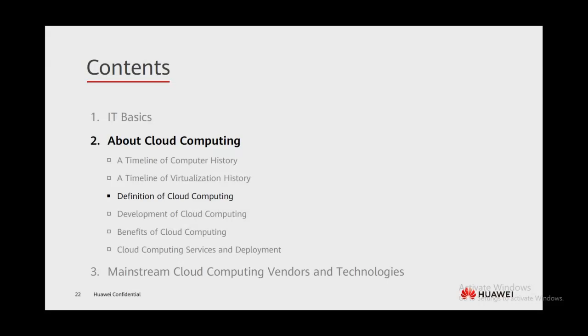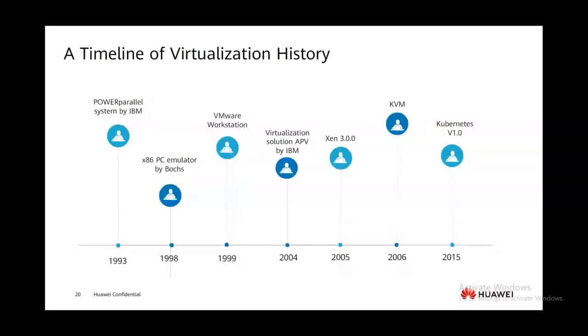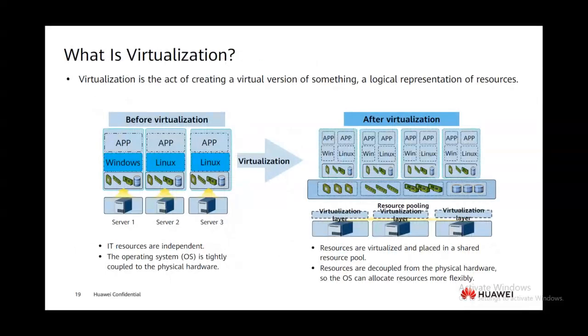I need to have something to control it. So resource pooling is possible in cloud. With virtualization technology, you can have multiple distributed devices and then use virtualization technology to do what is called resource pooling.